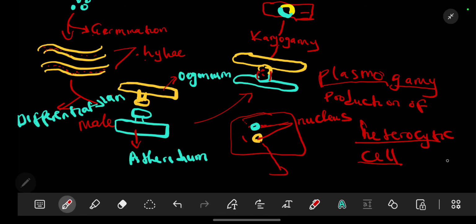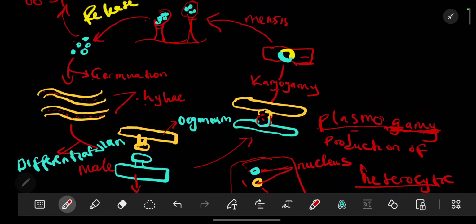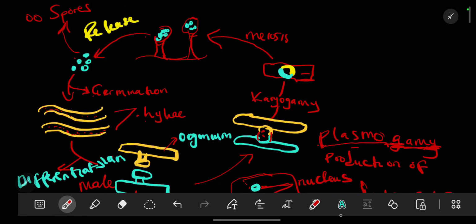So we have defined what the heterocytic cell is in the first video of zygomycete. It is not different here. So plasmogamy, just a recap, it is just the fusion of the cytoplasm and the hyphae. So after that, they will now be able to undergo the process of karyogamy.